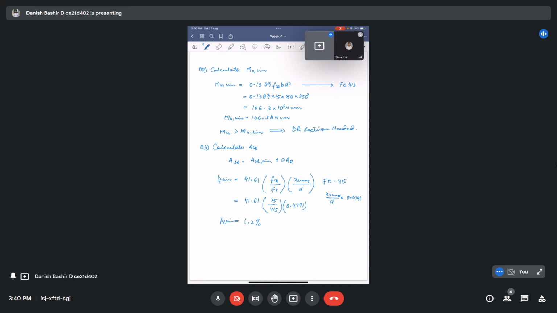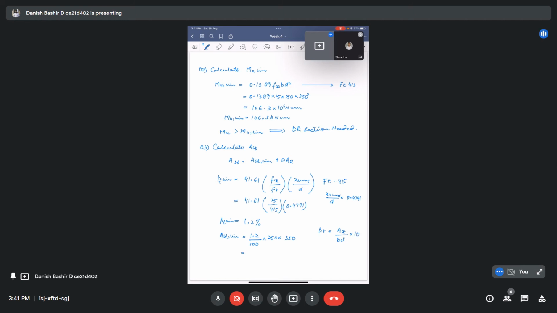From this we can get AST limiting directly as 1.2 divided by 100 into B, which is 250, into D, which is 350, because our percentage PT is equal to AST by BD into 100. From this formula we got this.